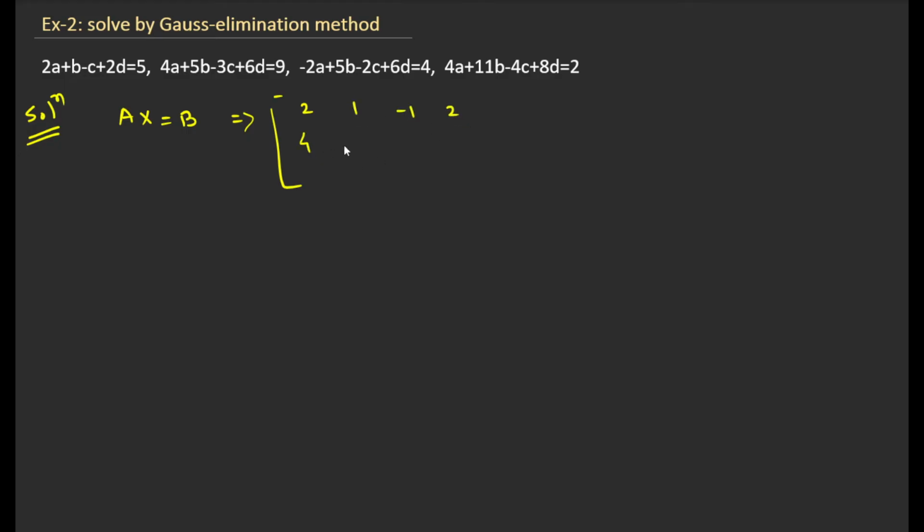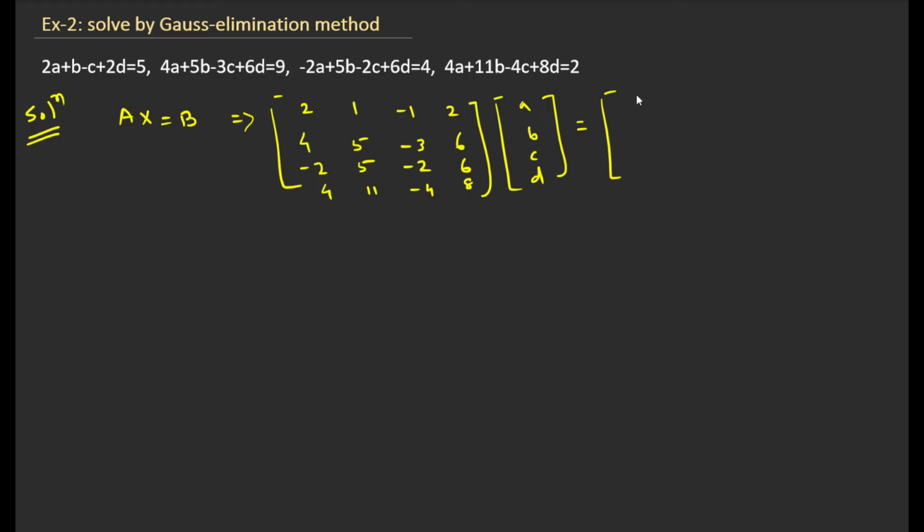Then the second equation 4, 5, minus 3, 6. Then minus 2, 5, minus 2, 6, 4, 11, minus 4, 8. And the variables are a, b, c, d. The right hand side is 5, 9, 4, and 2. So this is the matrix form.